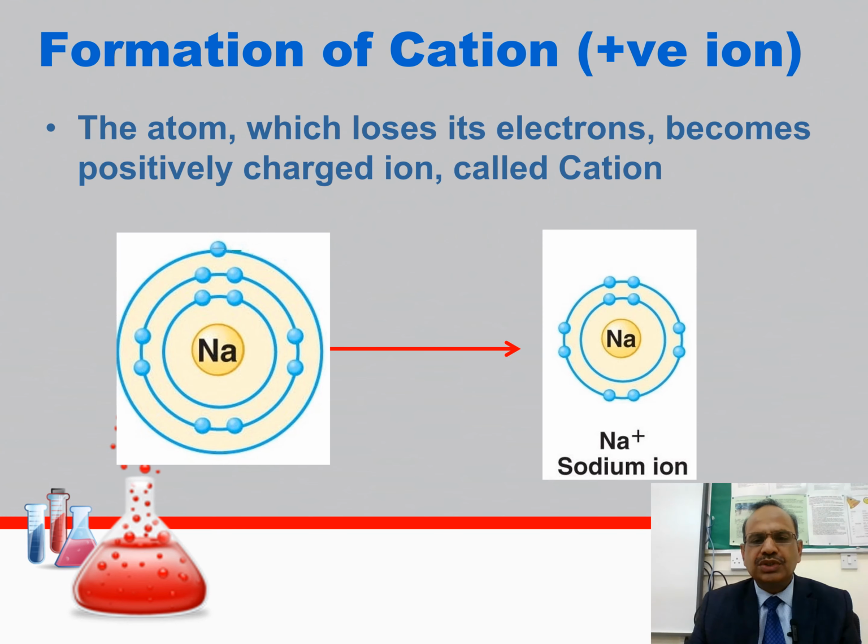After losing this 1 electron, it gets a positive charge and becomes a sodium ion, Na+. It is one example of the formation of a cation.